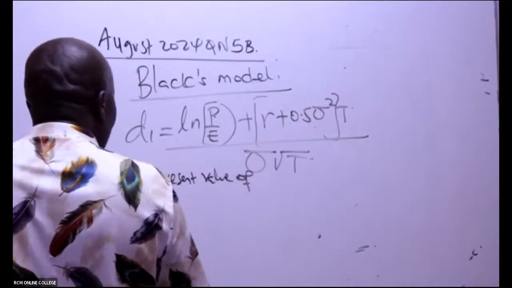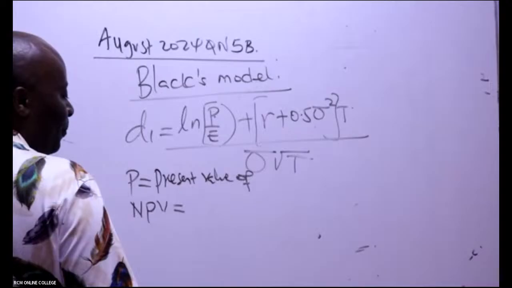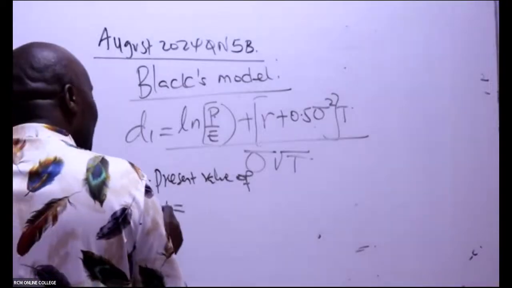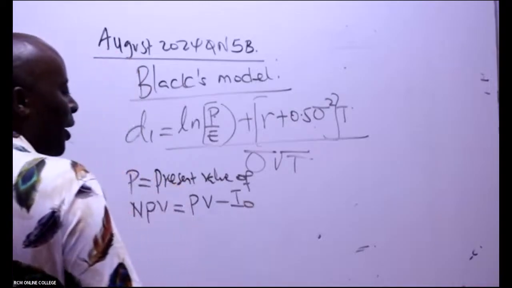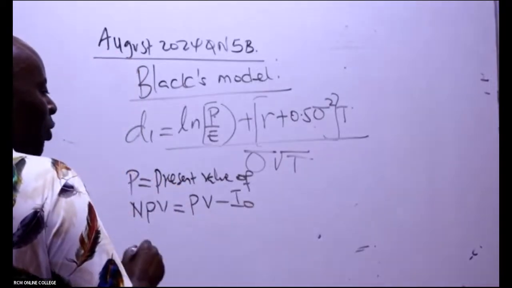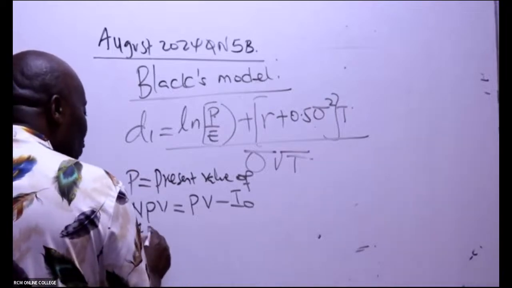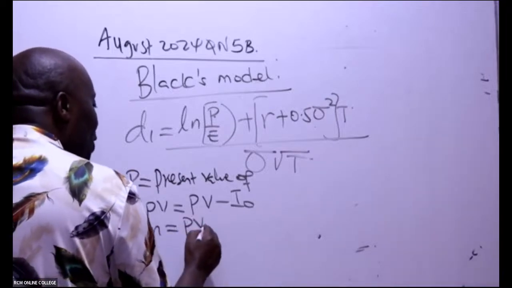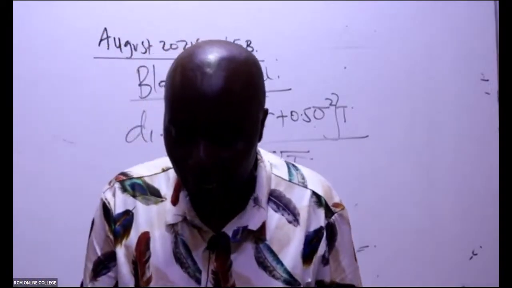And you can see, ladies and gentlemen, this examiner gave us net present value. Anytime they give us net present value, we normally take present value minus initial outlay. So NPV has been given as 4 million. Present value is what we want. Do we have the initial outlay in this question?